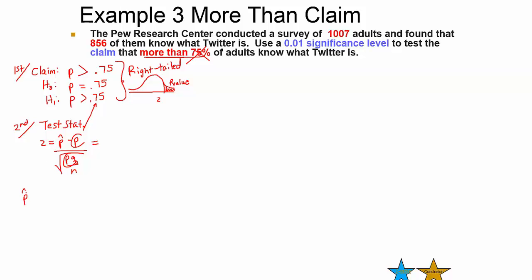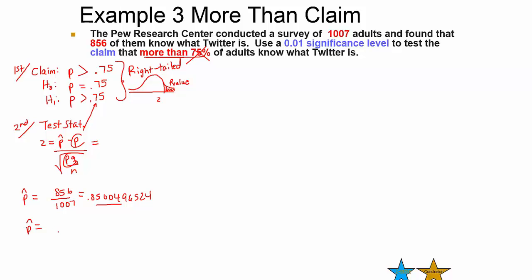On this problem, I see 856 out of 1,007 knew what Twitter was. So I'm going to divide those two numbers to find my sample proportion. 856 divided by 1,007 is 0.8500496524. So I would suggest going out to about 4 or 5 decimal places for the formula.